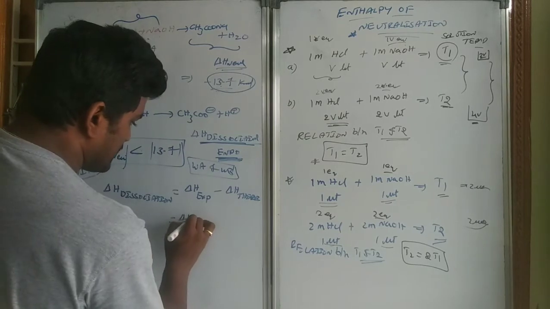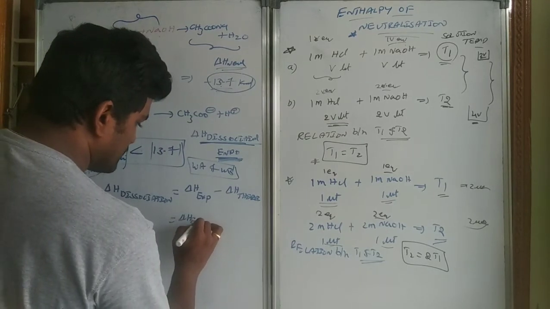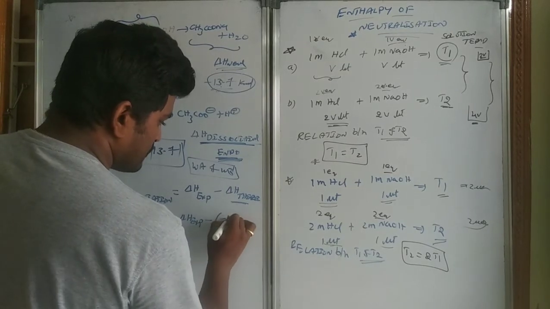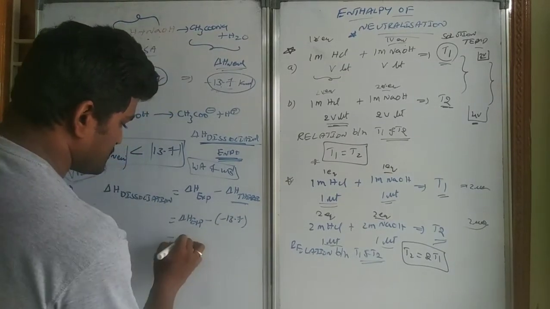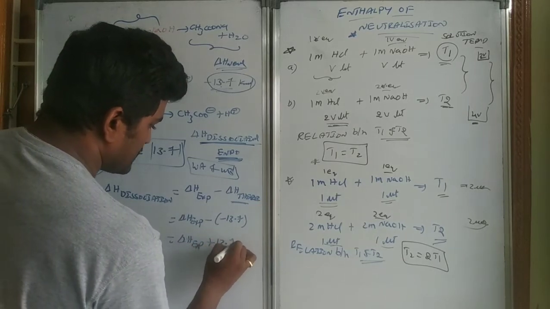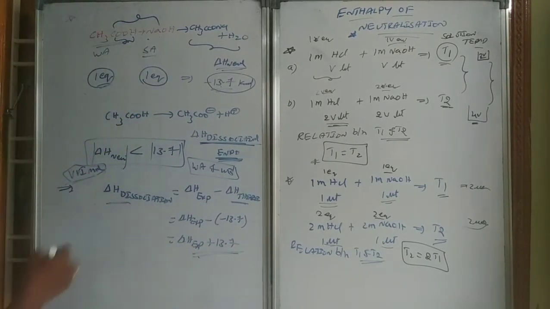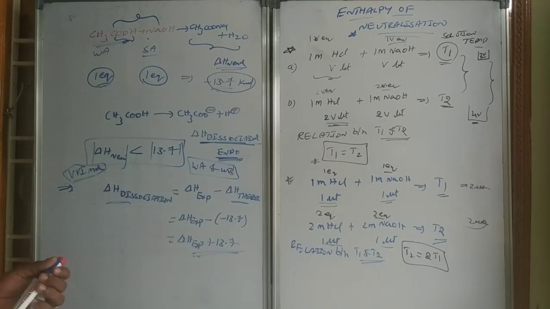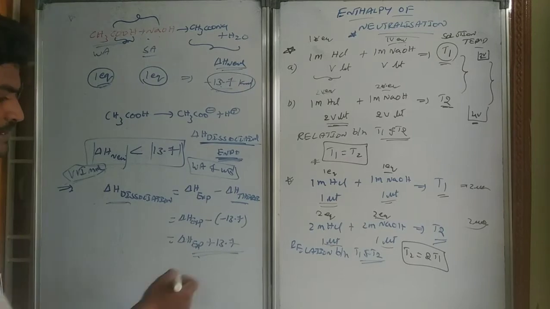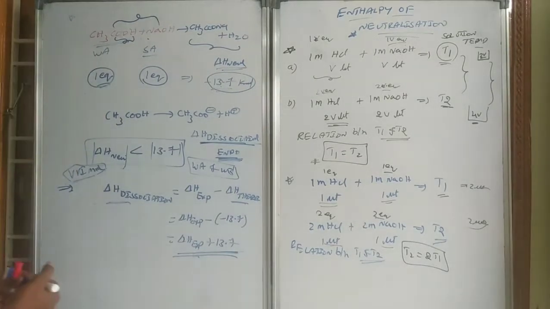That means enthalpy experimental minus of minus 13.7. So enthalpy experimental plus 13.7 will come like this. We can identify the enthalpy of dissociation. This is a very important thing, so underline this very carefully.